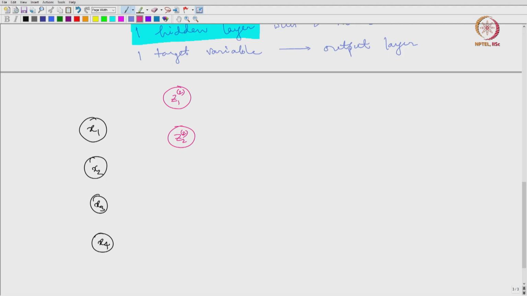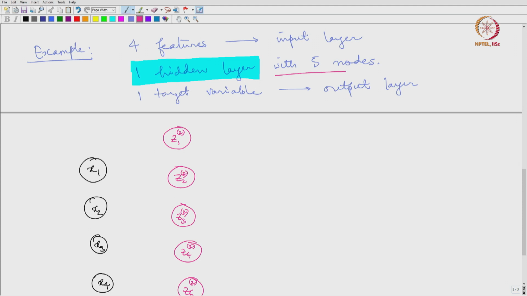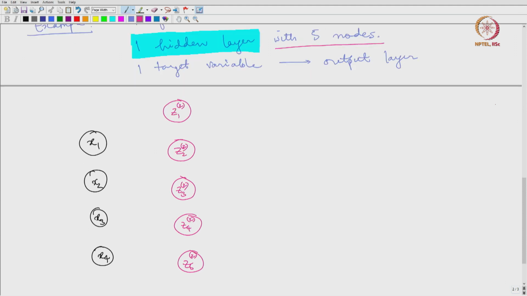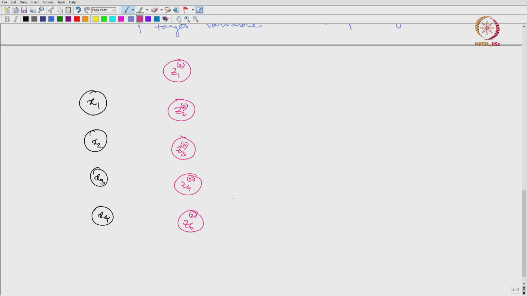So this is the second layer of the neural network, then z3 2, then z4 2 and z5 2. Remember, we said that there is one hidden layer with 5 nodes. So that is why I have drawn 5 nodes here, and these nodes go from z1 2, z2 2, z3 2, z4 2 to z5 2, and also to recall, the superscript indicates the layer number. So this is layer number 2.